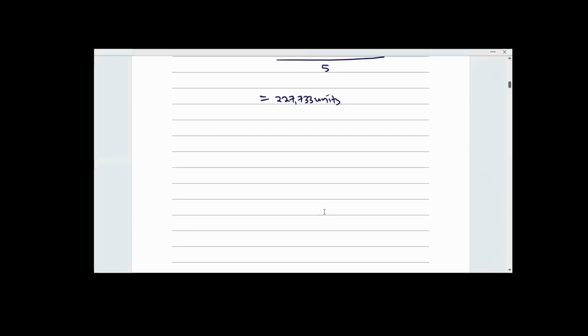So let me just, without going too far, come here and say number D, requirements. We have to calculate units required to break even if variable costs increase by 5% and fixed costs increase by 2.5%.